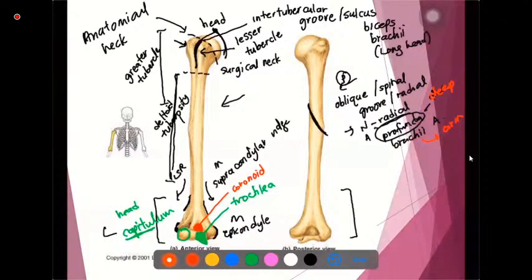Okay, and on the lateral side here, you have another depression. Sorry, this is known as the radial fossa. The radial fossa will receive the radial head when you fully flex.